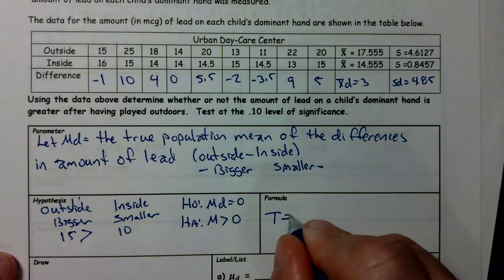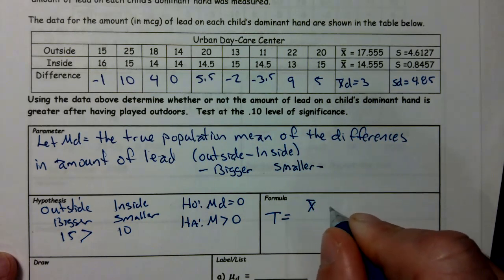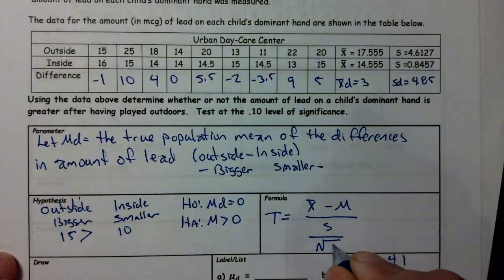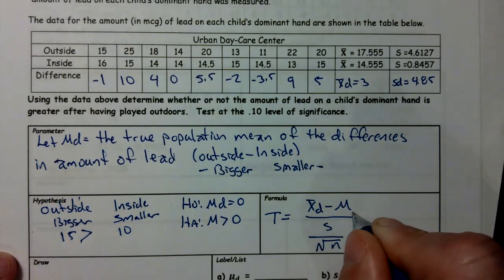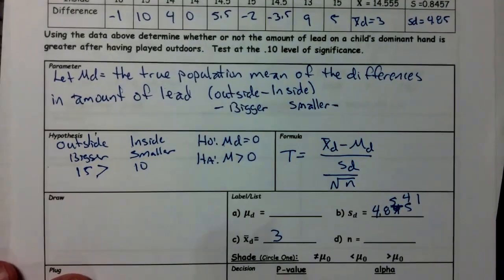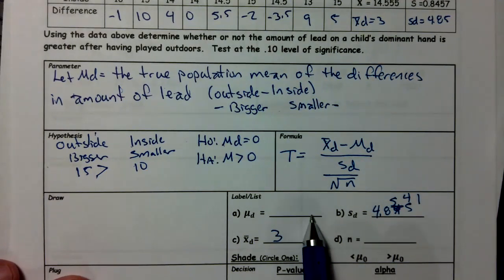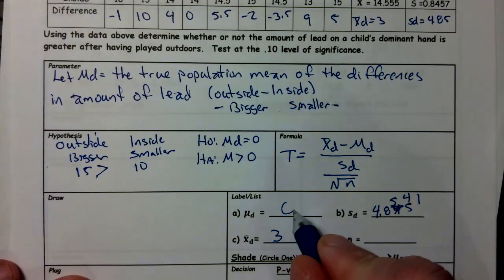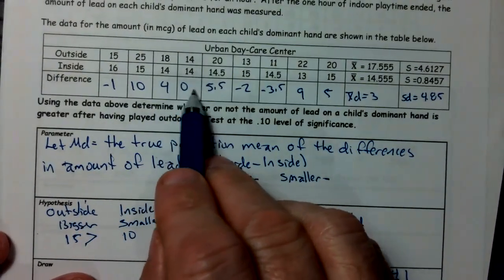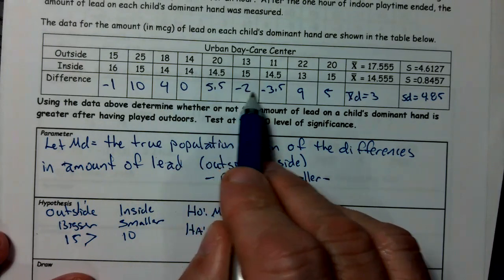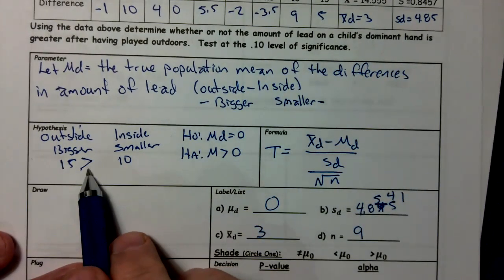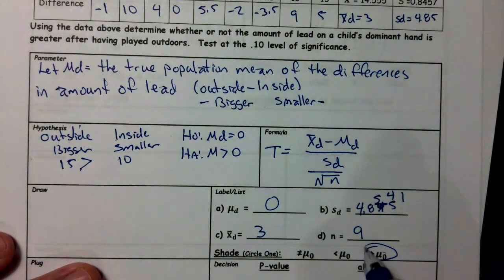All right, t equals x bar minus mu over s divided by the square root of n. Well, that's the basic t distribution, but we're working with differences, so we need to drop some d's on it, and there we go. The mean of the difference is 0, and we had 1, 2, 3, 4, 5, 6, 7, 8, 9 children, and we said greater than, so we're shading in that direction.